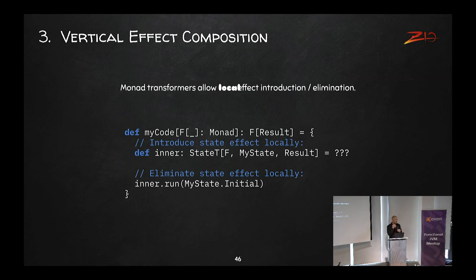We can keep our use of the state effect local. No one can see that. And this is called local introduction and elimination. We locally introduce state, and then in that same scope, we eliminate it. That is very, very powerful. In fact, as simple as this seems, it's almost the defining characteristic of monad transformers.